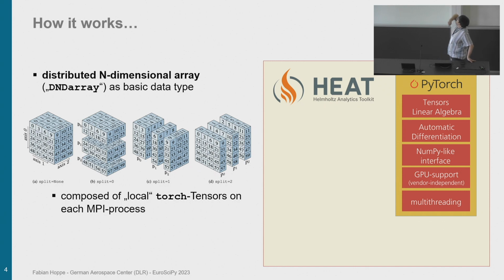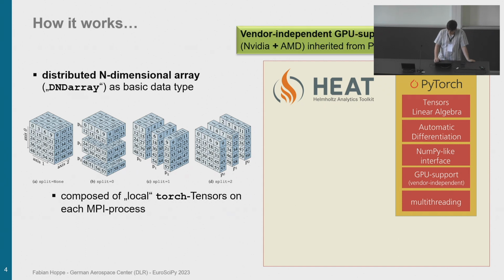The advantage is that, since we build on PyTorch, we can make use of the highly optimized routines that are there for the local arrays: linear algebra, the NumPy-like interface, multi-threading on CPU, and, which is particularly nice, we also inherit the vendor-independent GPU support. So once you use PyTorch, you can do that on NVIDIA or AMD. That's actually not a problem.